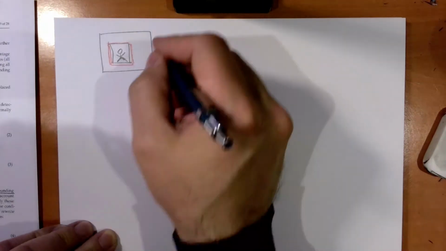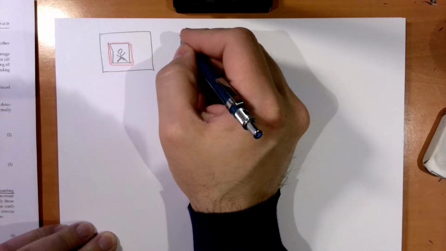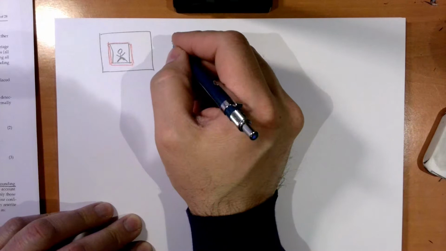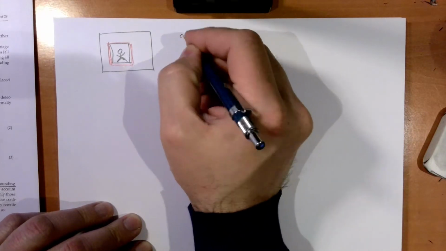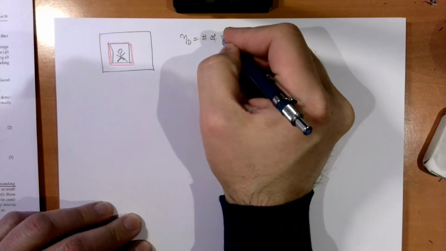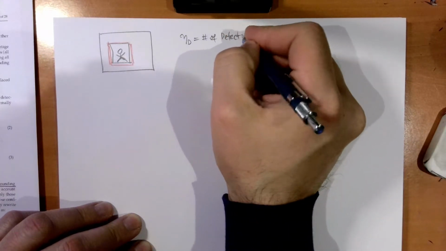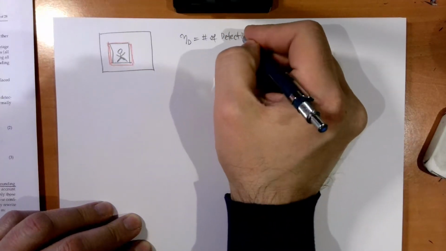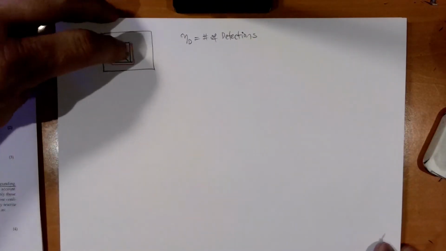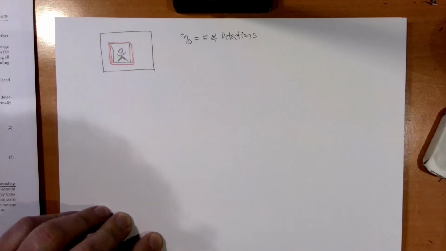So let's assume that I have a data set that produced ND, which is the number of detections. When I feed the data, I'm observing at the end of the day a number of bounding boxes. This is the ND.